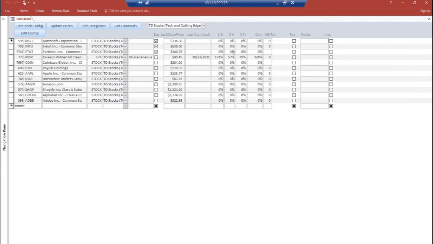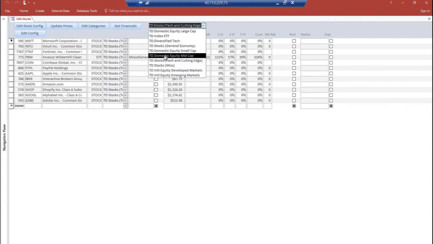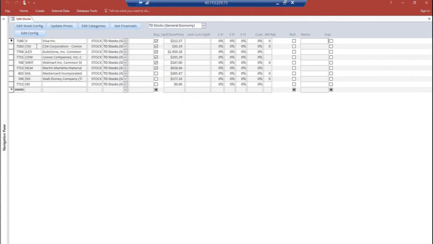I don't calculate the returns on those, only on the funds and the ETFs. You can see also I have some mid cap, domestic, some small cap, and here's some general economy stocks that I like. I have Visa, CSX, and a few others. I carry 6 stocks in this category.